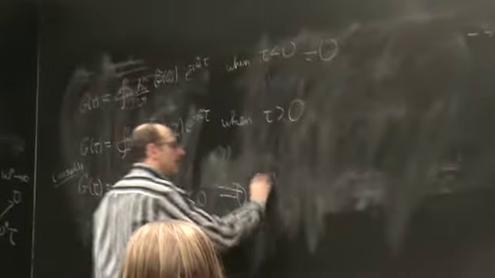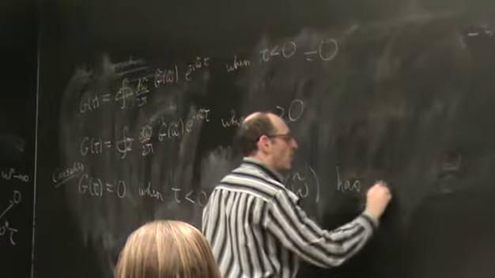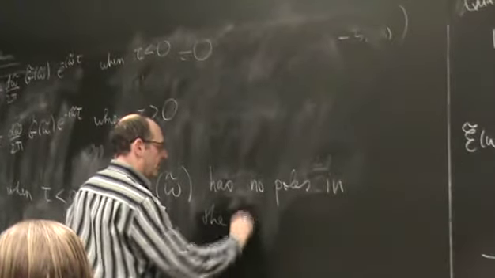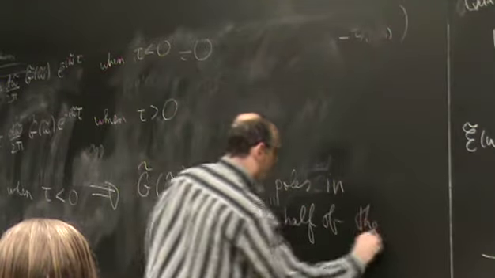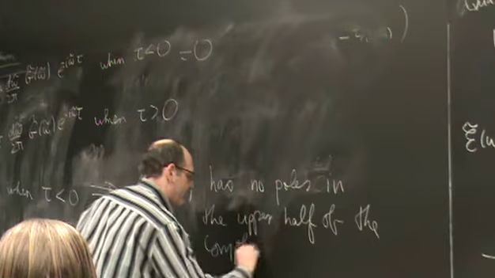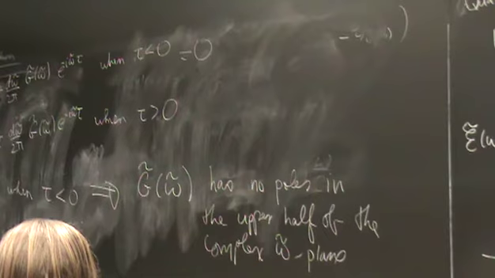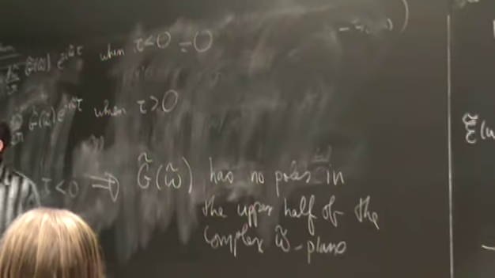If it's a causal function, then g tilde of omega has no poles in the upper half of the complex omega plane. So we've learned one important constraint. If we have a causal response function, then all of the poles must be in the lower half.